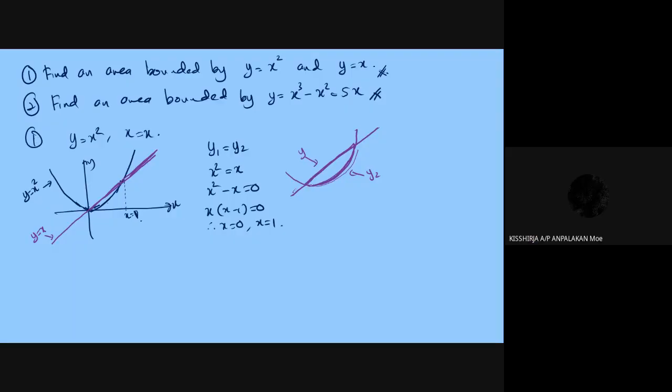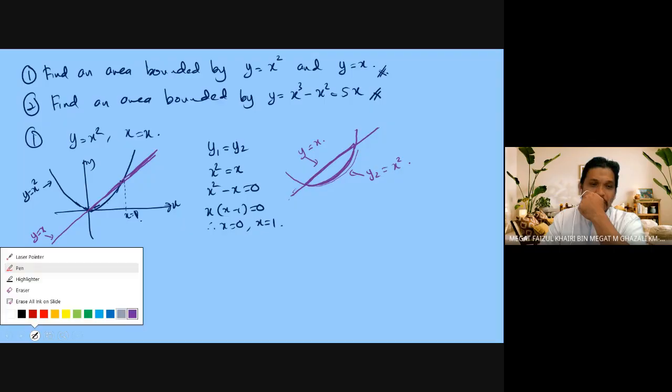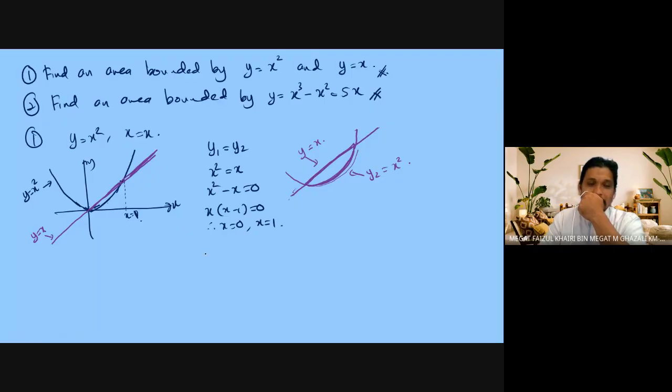Y equal to x is above, and below is y equal to x squared. Because the first integral will give you the whole area.